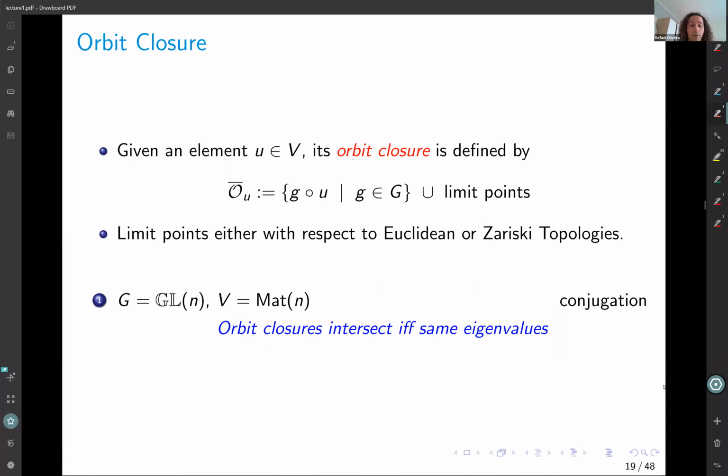Okay, so it turns out that if we talk about orbit closures, then certain orbit closures already become much nicer. So for example, in the conjugation action that we talked about, the orbit closures become much nicer because now the orbit closures will intersect if and only if we have the same eigenvalues. The orbit closures are not the same, okay? But they intersect if and only if the matrices have the same eigenvalues. So let me just put a warning.